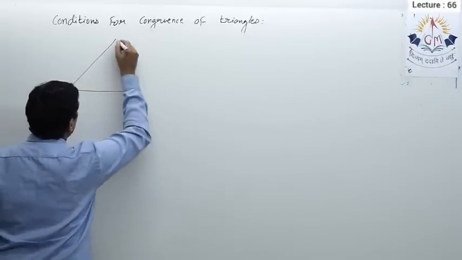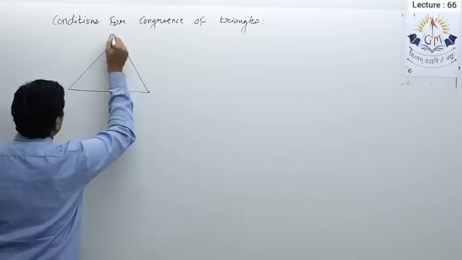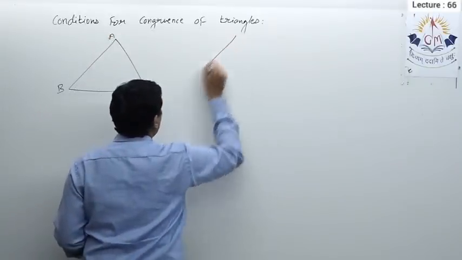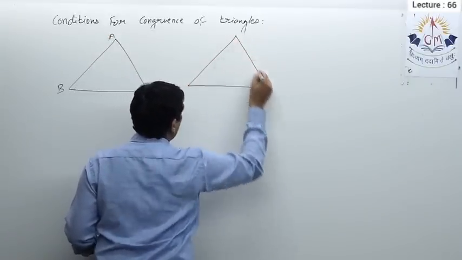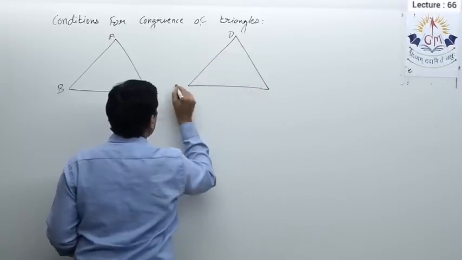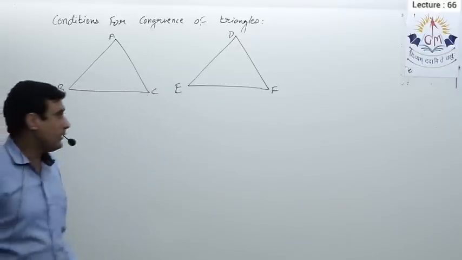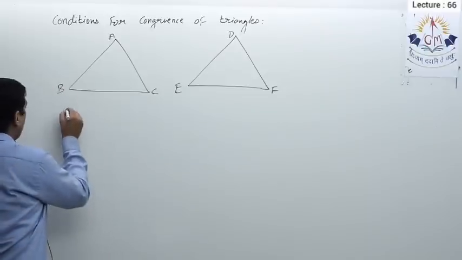We have two triangles, ABC and triangle DEF. We have to prove these two triangles are congruent. So what is given?